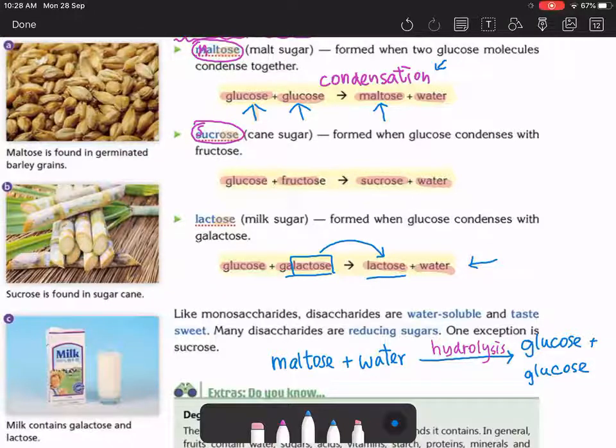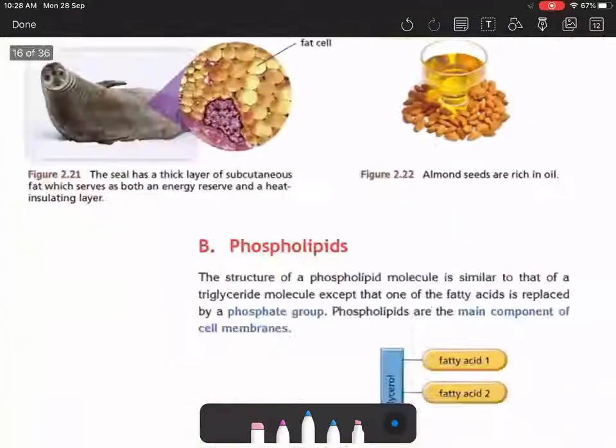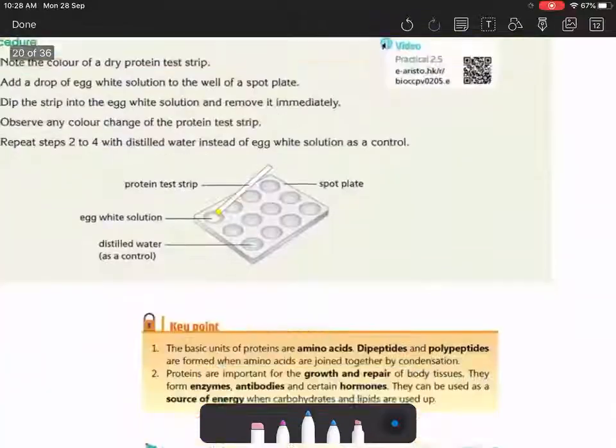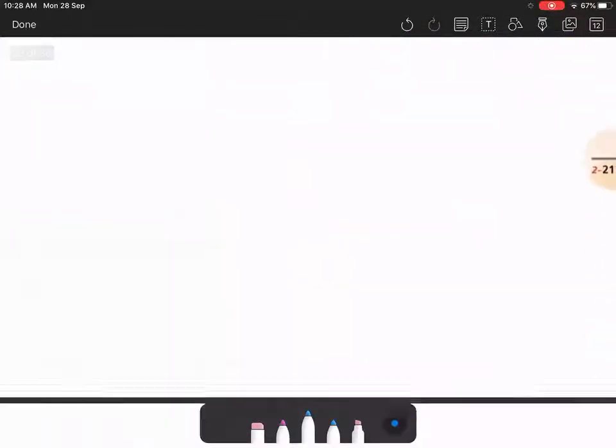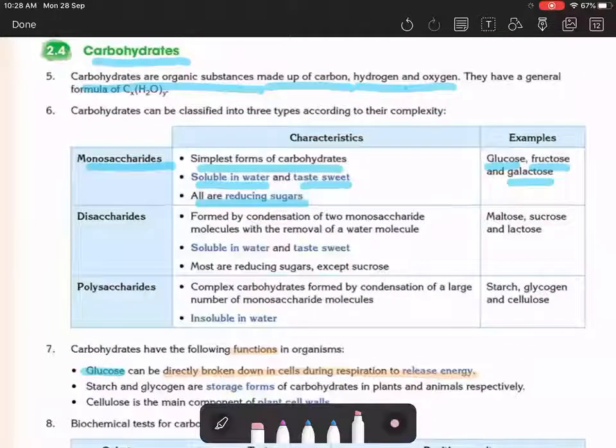But now I want you to highlight the other part. Go to page 24. Let's highlight the important part here. Now we just finished disaccharide. Examples of disaccharide include sucrose, maltose, lactose, just like you buy a t-shirt: small size, medium size, and large size. And how to form this disaccharide? Of course, by condensation.